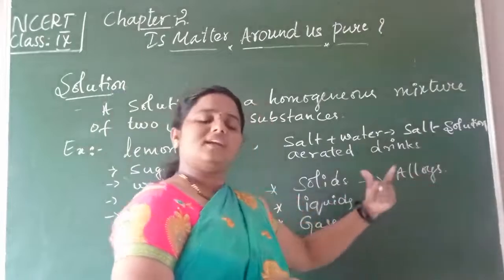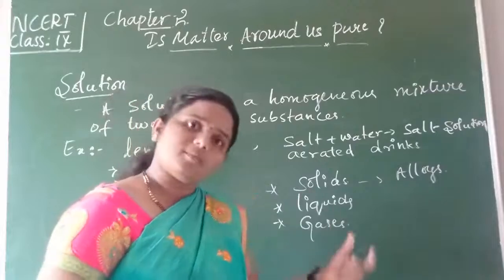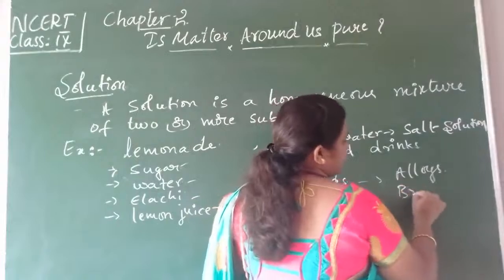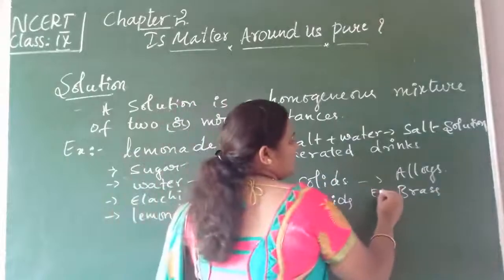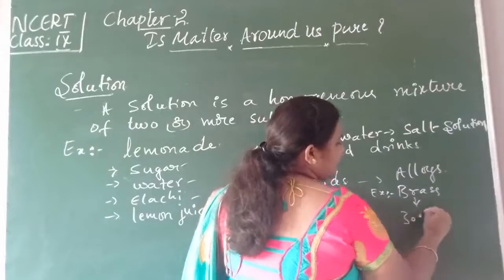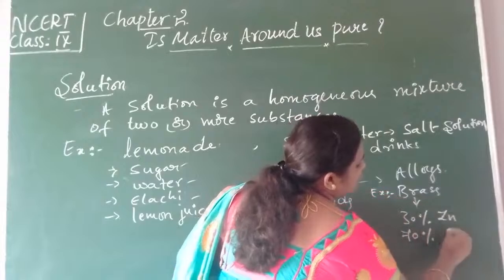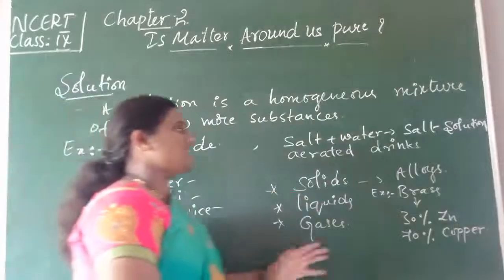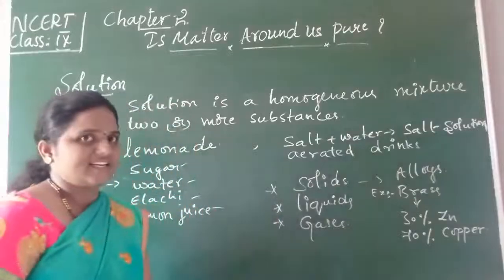The alloys are formed by using two or more metals, or a metal with a non-metal. The best example is brass. Brass is a kind of alloy. It is formed by using 30% zinc and nearly 70% copper. When you combine this zinc and copper, you get an alloy which is called brass. Is it clear, children?